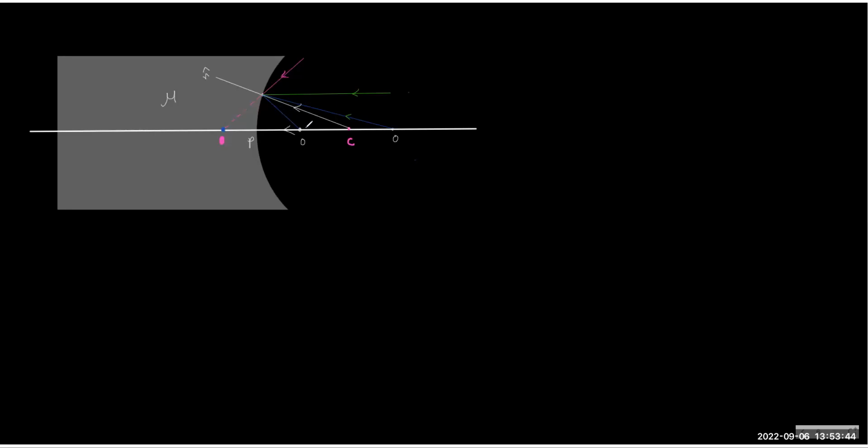For the blue one. For the blue one, the objects are real, but the images are virtual, because it will never become horizontal also. Do you realize this? The pink one will have both, no? Real and virtual.